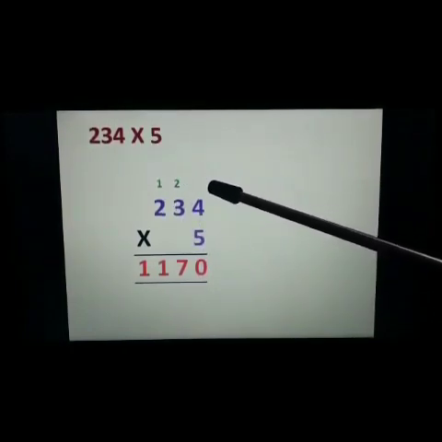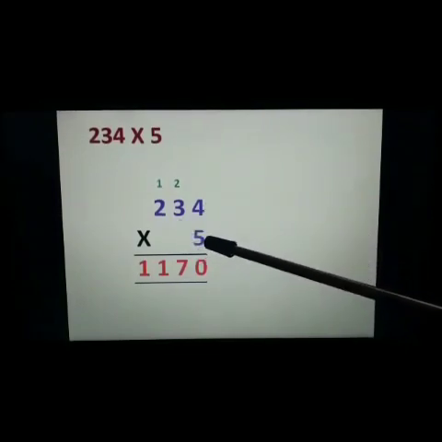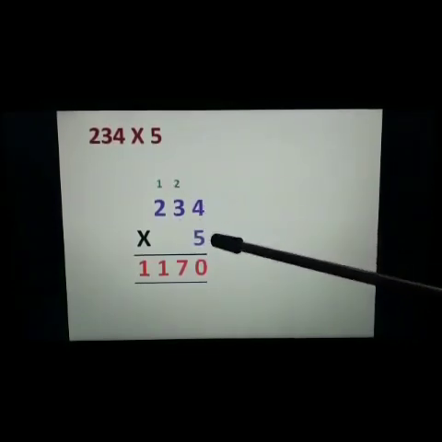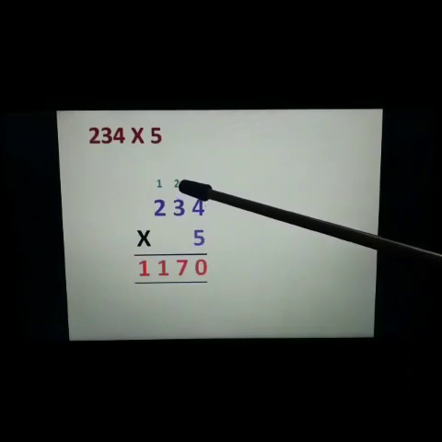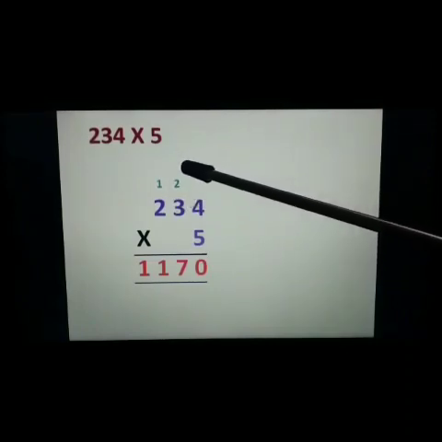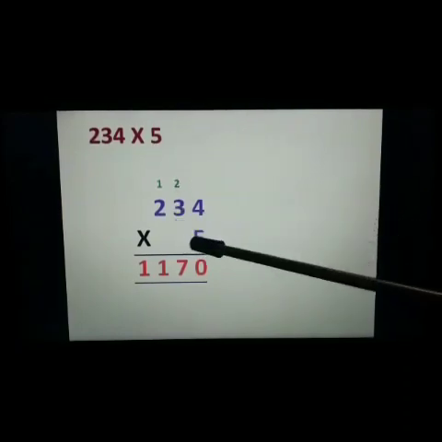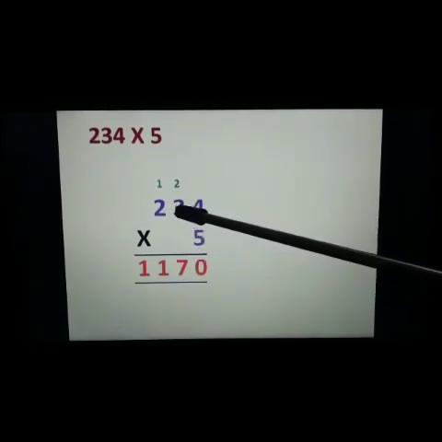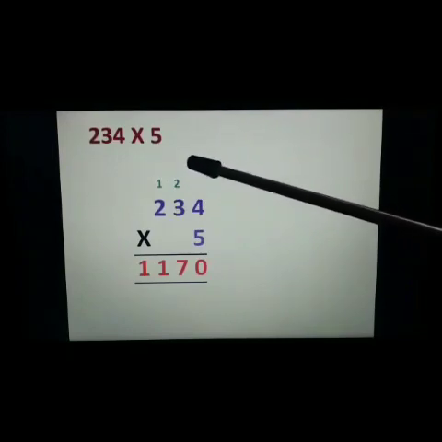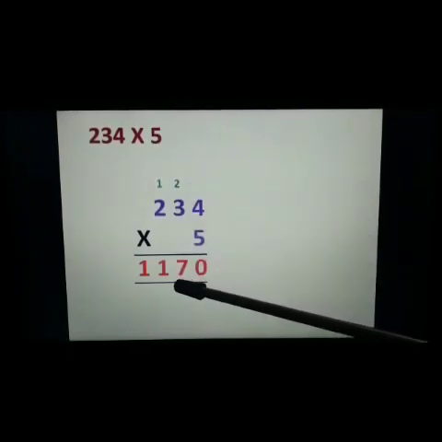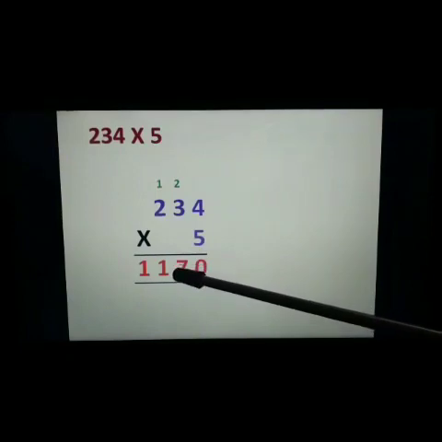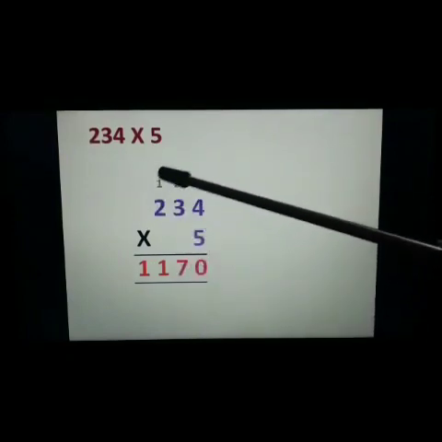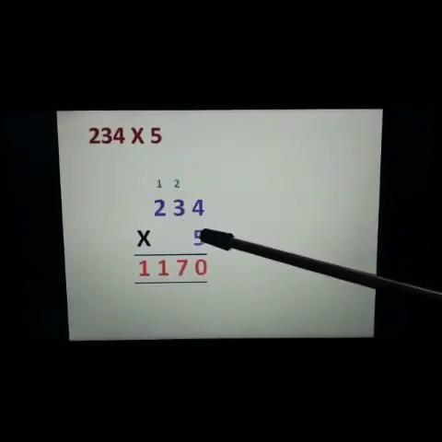Now what do I do? I multiply 5 by 3. 5 threes are 15. But I also have 2 tens here, so I will add this to 15. 15 plus 2 is equal to 17. So I will write 7 here and 1 will be carried over to the hundreds place.